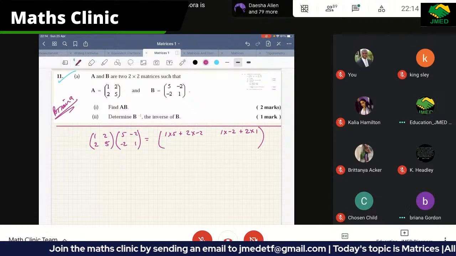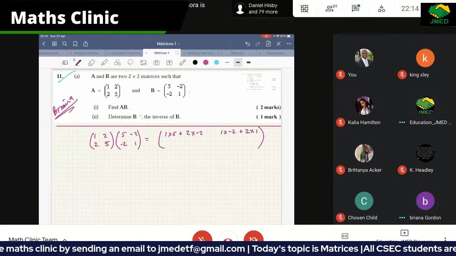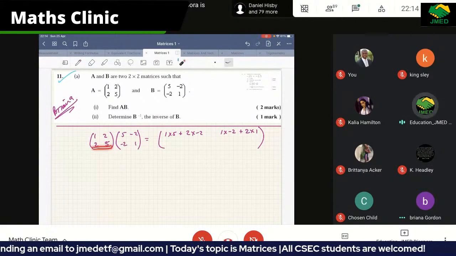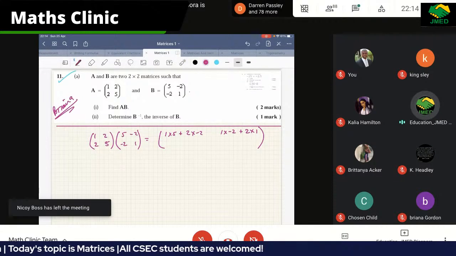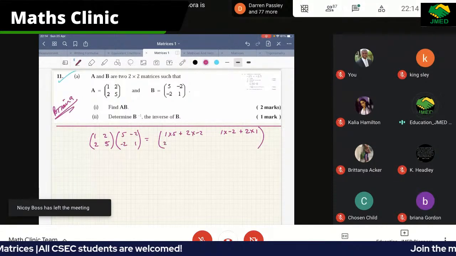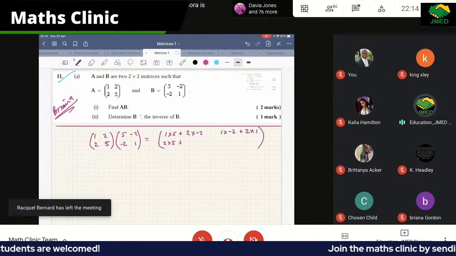Now we're going to repeat the process. This time we've got the second row by the first column, which is 2 times 5 plus 5 times negative 2.